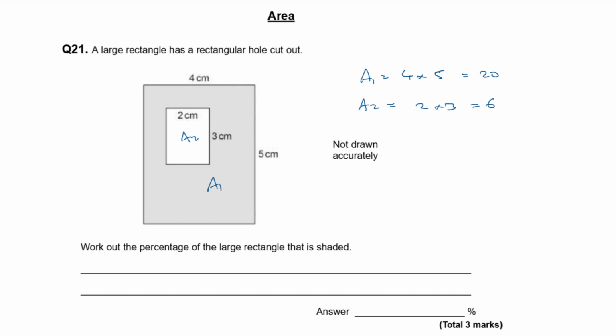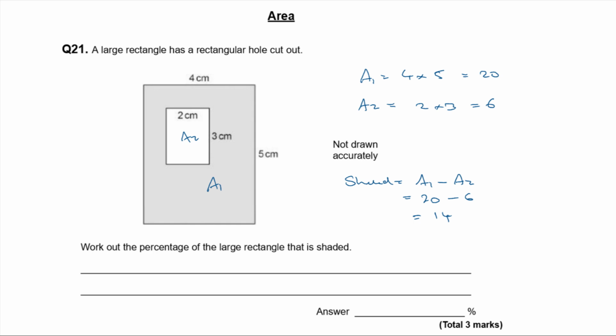So then the shaded area is going to be the big one minus the small one, isn't it? So it's 20 minus the hole, which was 6. It's going to have an area of 14.